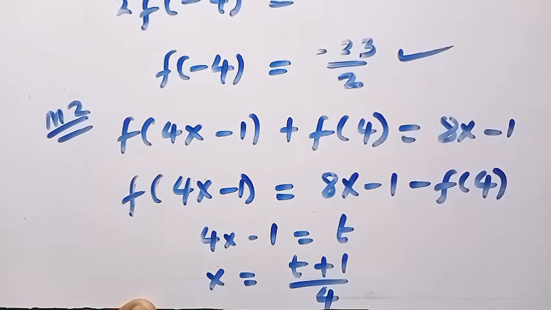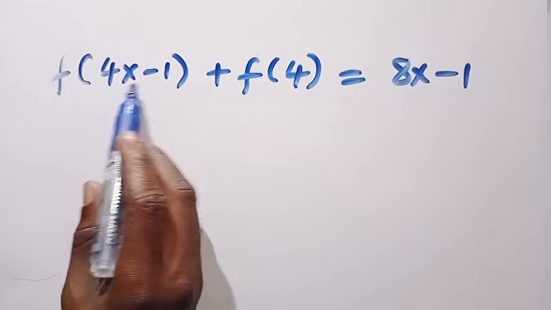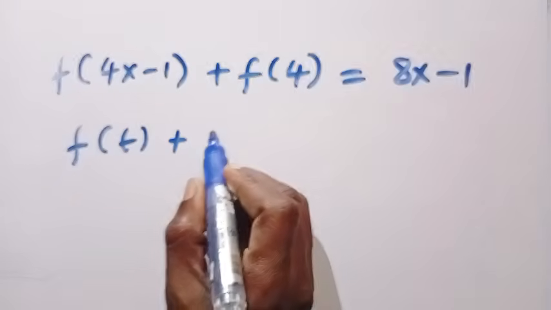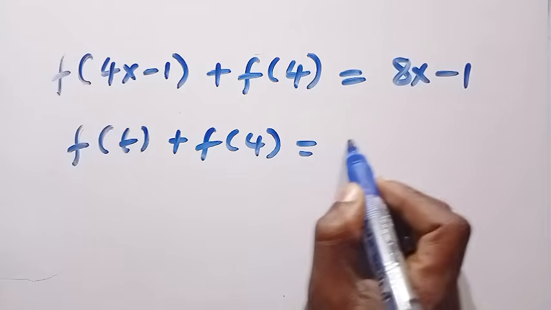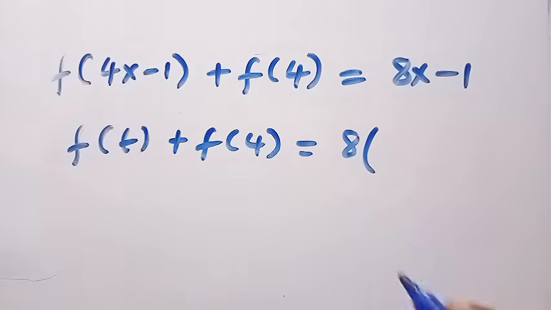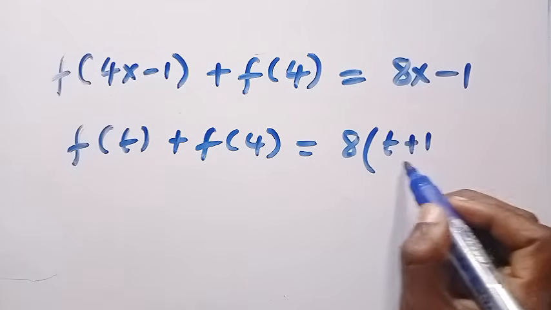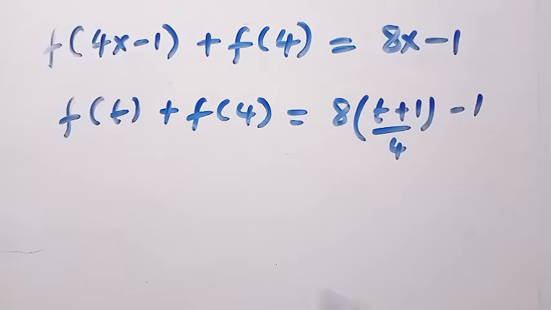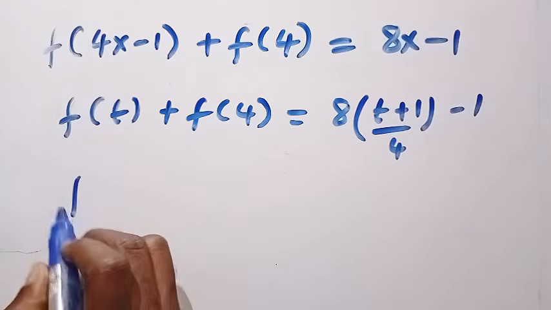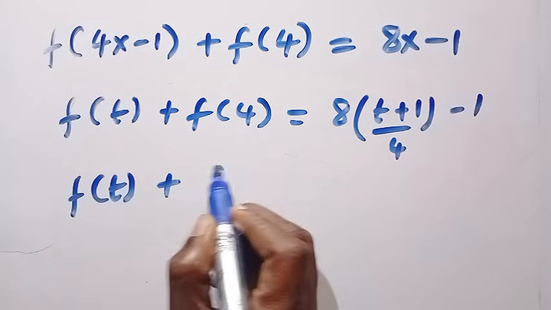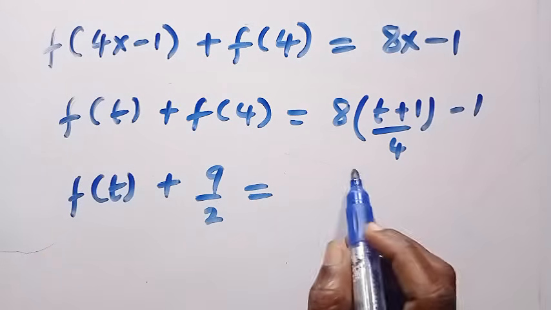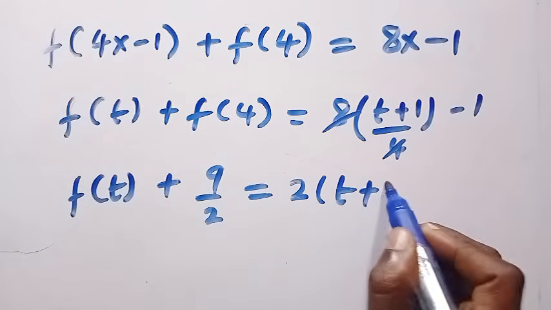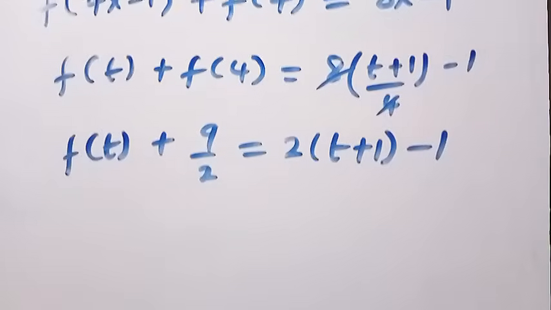By changing 4x minus 1 to t, we have f of t plus f of 4 equals 8 into bracket of t plus 1 divided by 4, then minus 1. And we know that f of 4 is 9 over 2, so this equals 2 into bracket of t plus 1 minus 1.